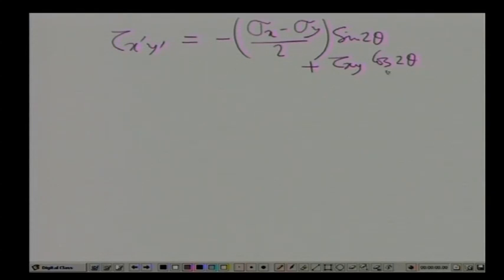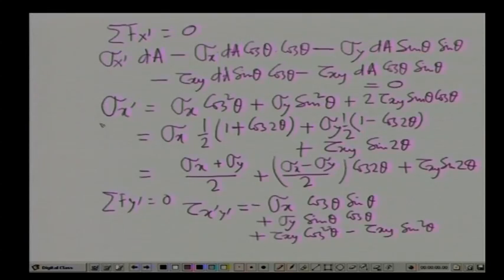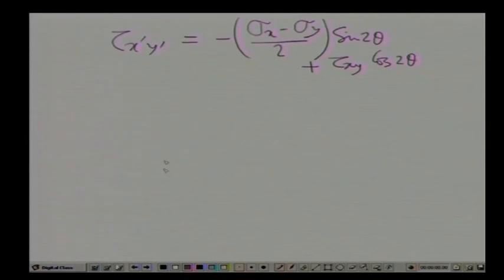So, these are the equations for sigma x dashed and tau x dashed y dashed. Sigma x dashed and tau x dashed y dashed are the stresses on the plane which is at an angle of theta with respect to the x axis.